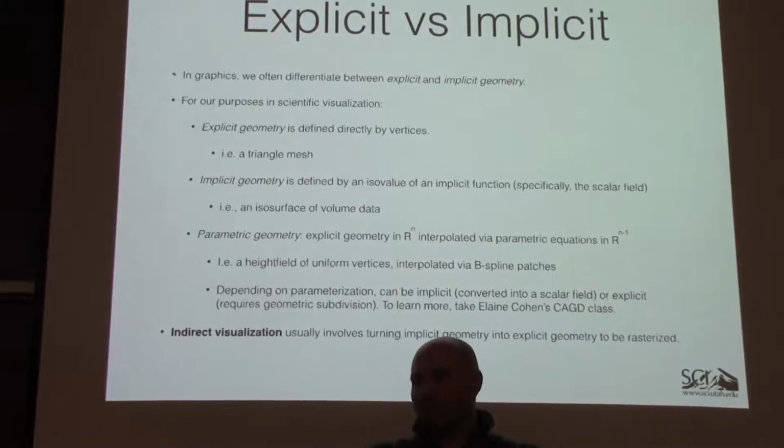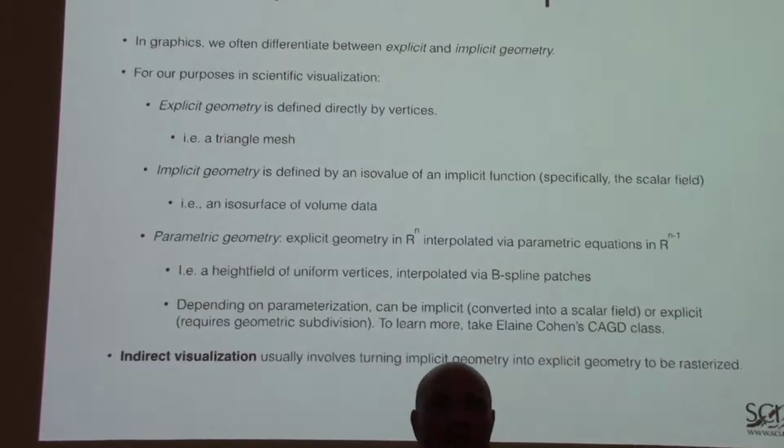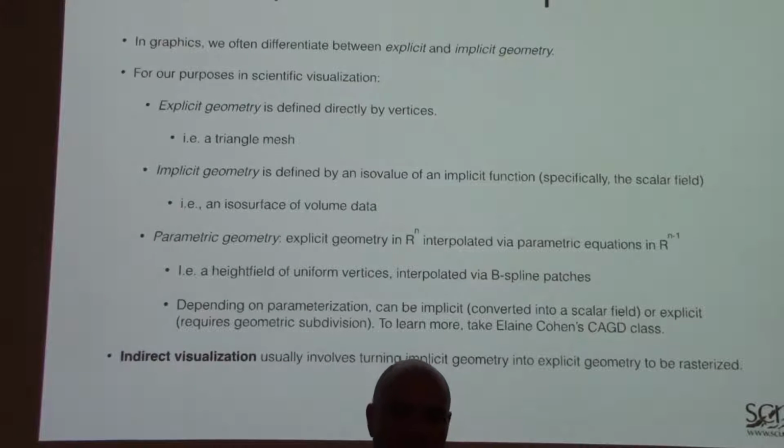These are heavily overloaded terms in graphics. And in fact, in a sense, you can say implicit and explicit geometry and topology, similar to what we had with structured and unstructured data. They're not exactly the same concept, but they have some relation to each other.